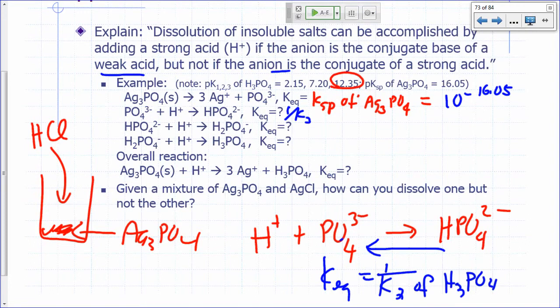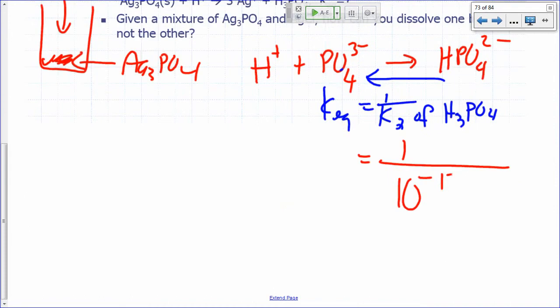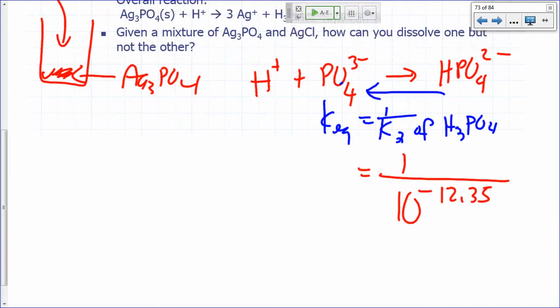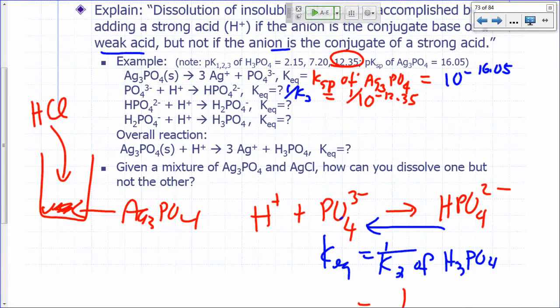So the KEQ for this would be 1 over 10 to the negative 12.35. K3 is 10 to the negative 12.35.